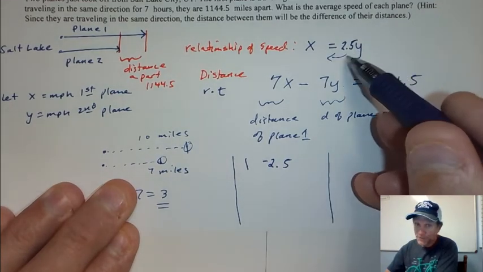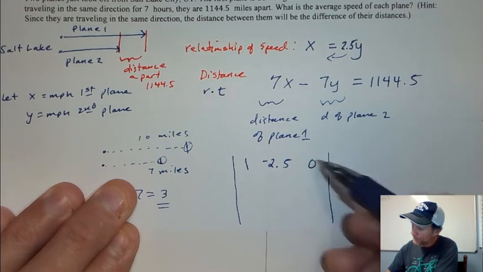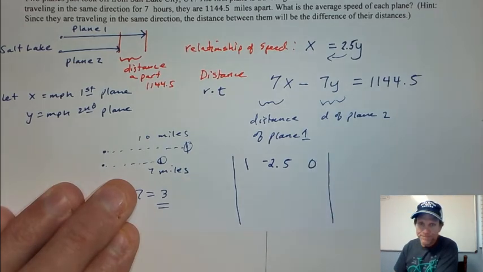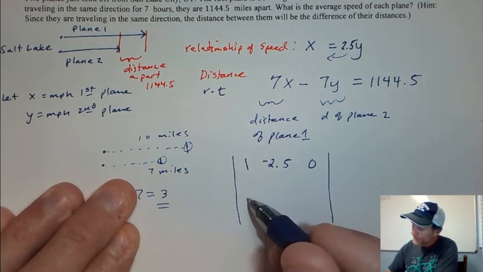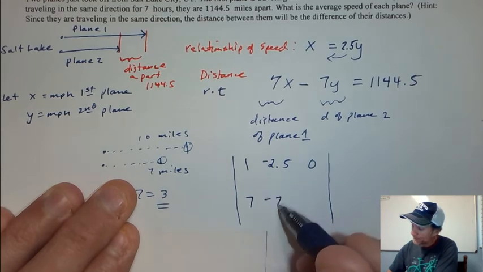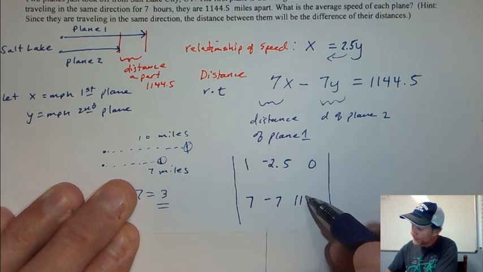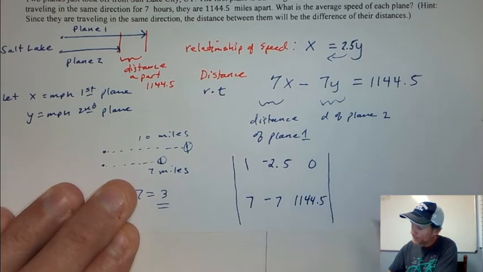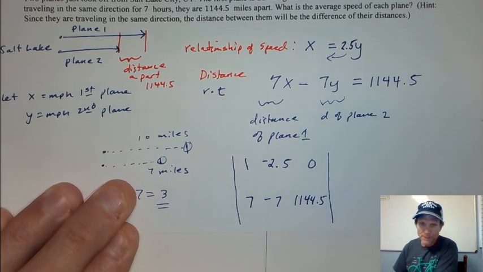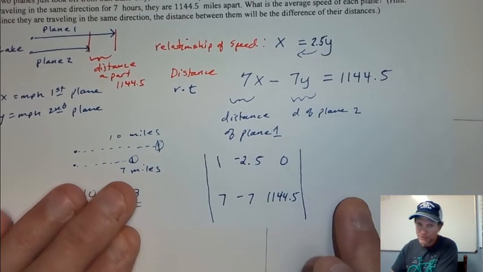And then once I move that 2.5 over, I have 0. Then I have 7, negative 7, and 1,144.5. Be careful with the negatives on this problem.